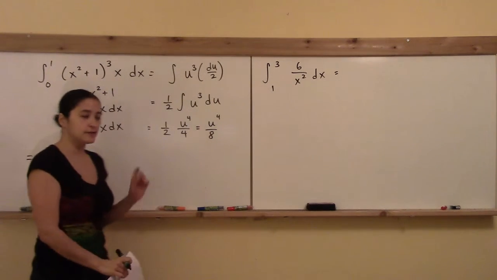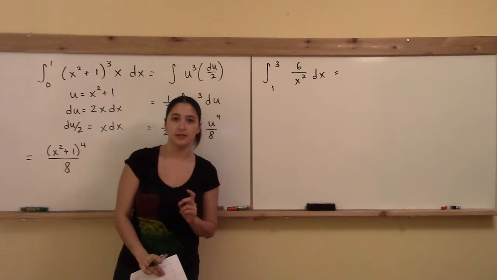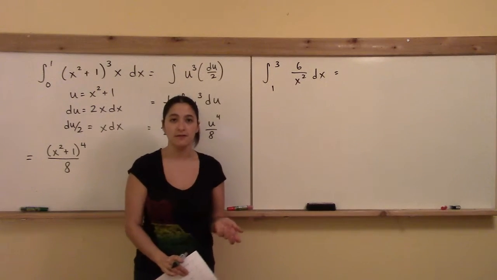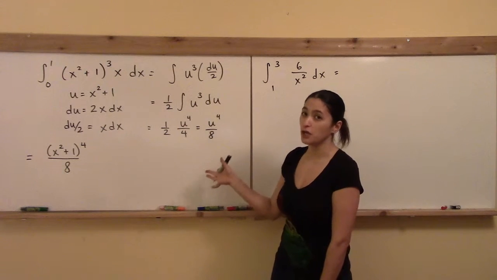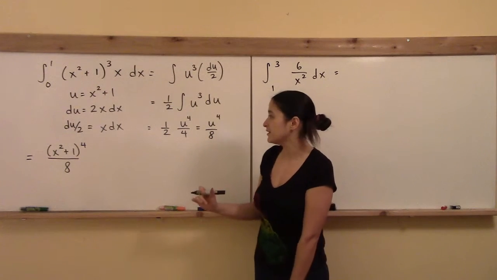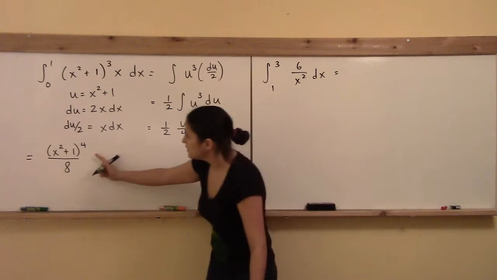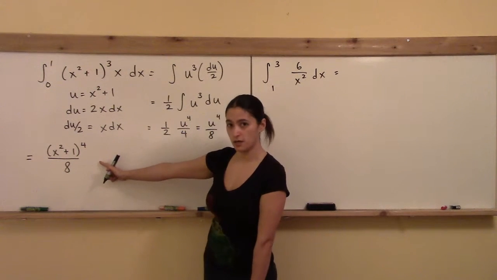Okay, remember that the first step in calculating definite integrals is finding the indefinite integral. And so everything you see on the board so far is just me trying to figure out what is the indefinite integral, and I finally found it. The indefinite integral is this quantity.